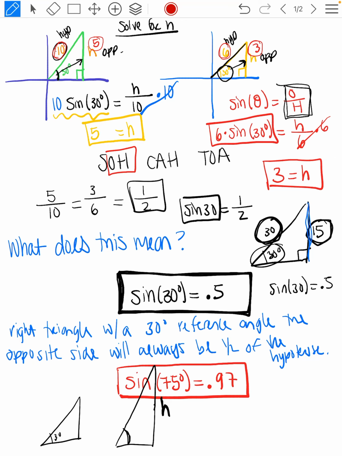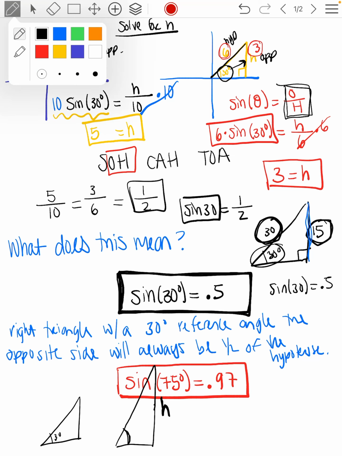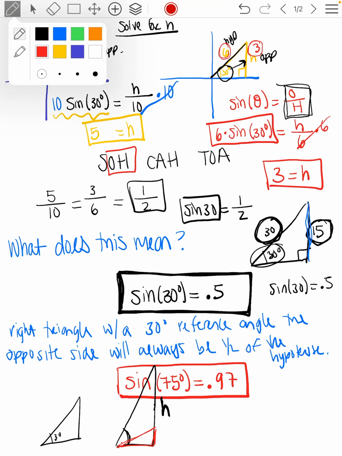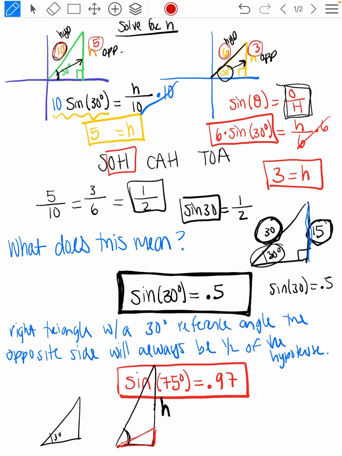So as we increase the angle, and I usually do it with my hands, as I open my hands wider and wider, the height is going to get bigger and bigger. And similarly, as I make this angle smaller, the height is going to get smaller. So for the next example, we have sine of 75 degrees is equal to 0.97.